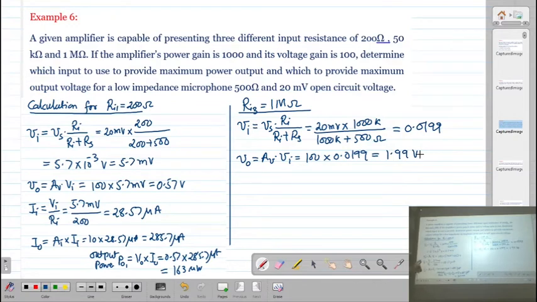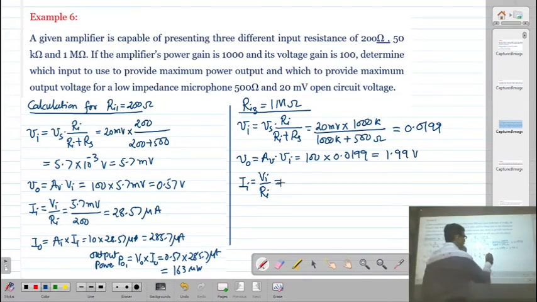Then what we have calculated? Input current. Input current is input voltage divided by input resistance, and input voltage is 0.0199 divided by my input resistance of 1 megaohm, so 10⁶.